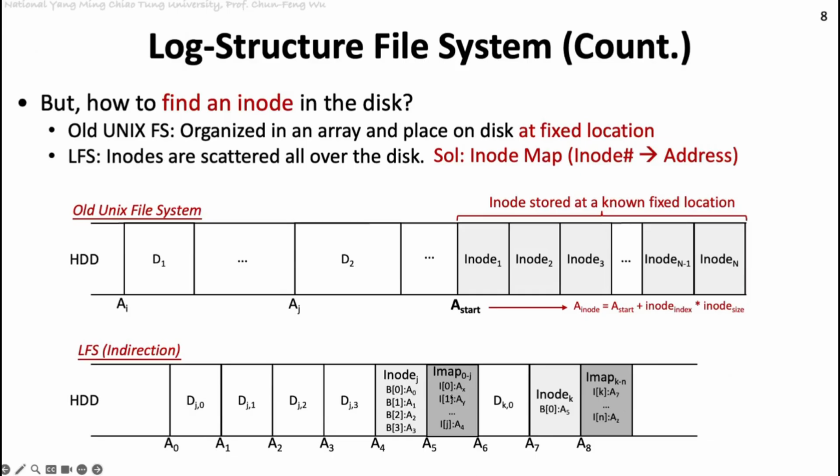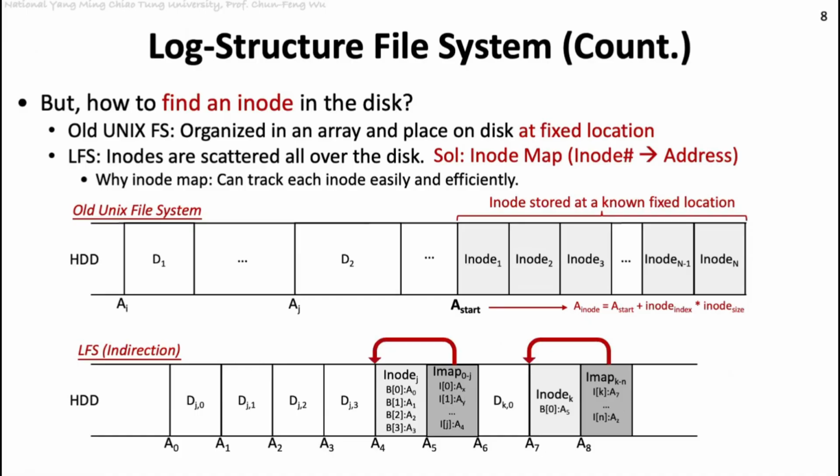For example, inode 0, inode 1, inode J are placed at locations like AX, AY, and A4. So by reading the inode map, we can get where the inode is. So using the inode map, we can get the inode, and using the inode, we can get the data out.